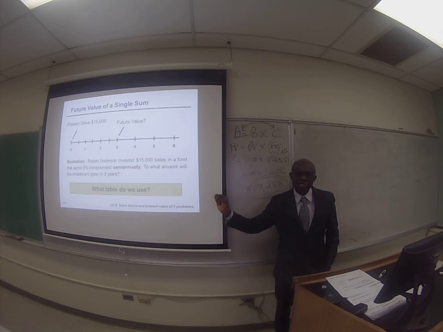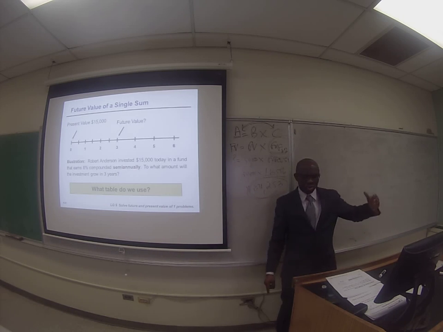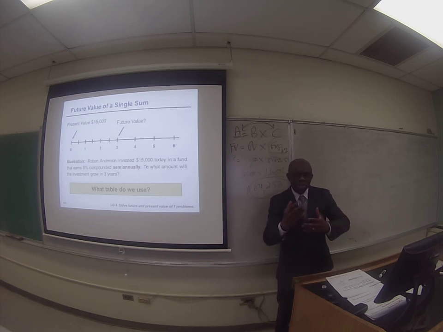The only difference here is interest is being compounded semi-annually, not annually. So what table do we use? Again, we are going to use the future value table. Why? Because the $15,000 that we invested today is the present amount.